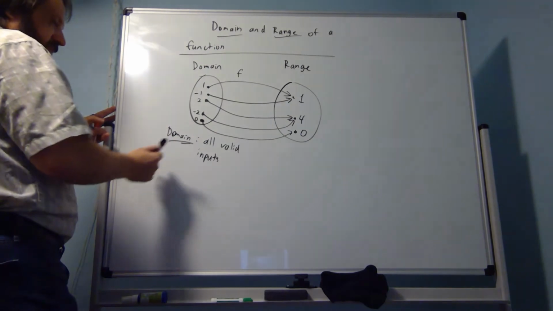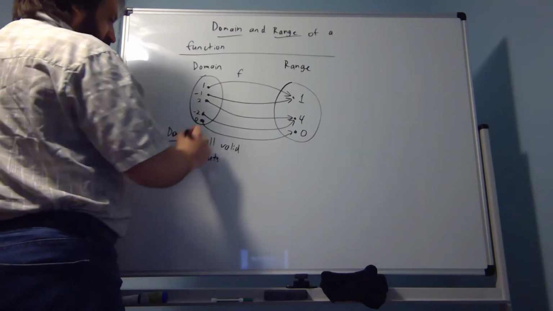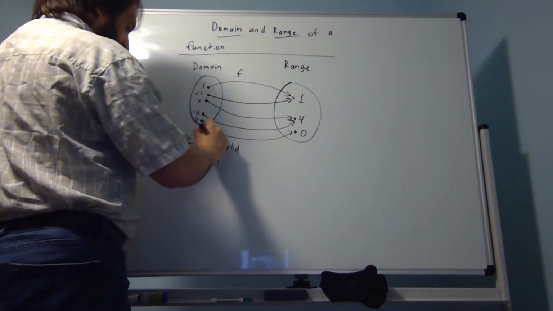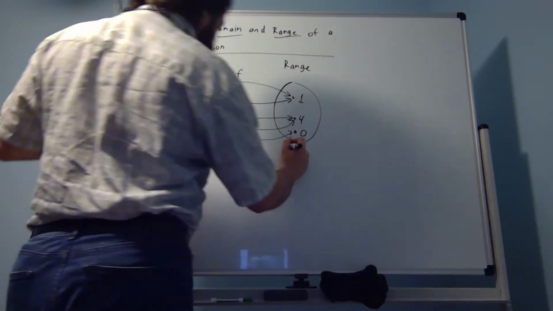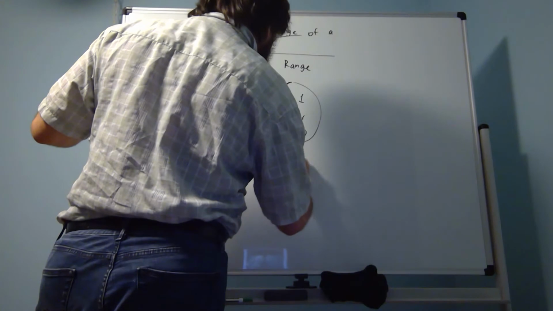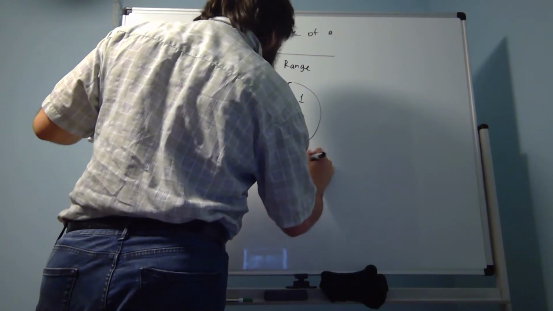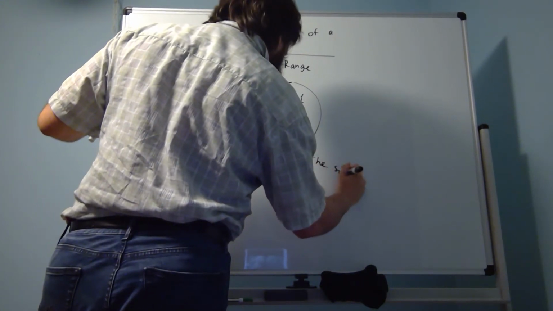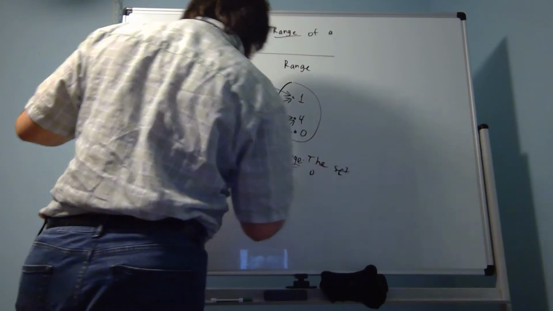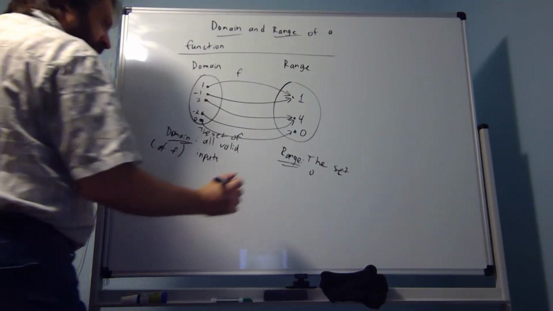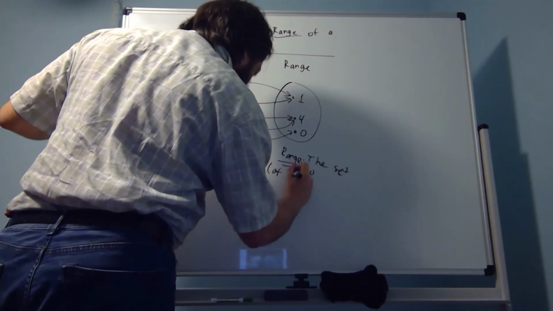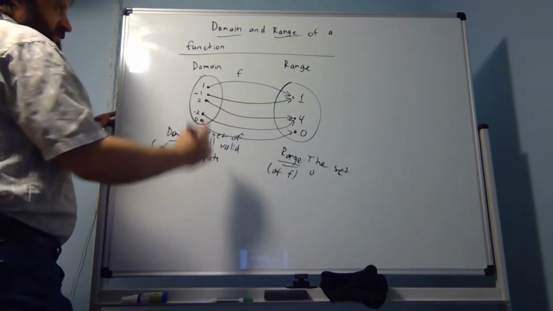So it's the set of all valid inputs, and then the range. So the domain of f, and then the range of f. We have a particular function in mind.